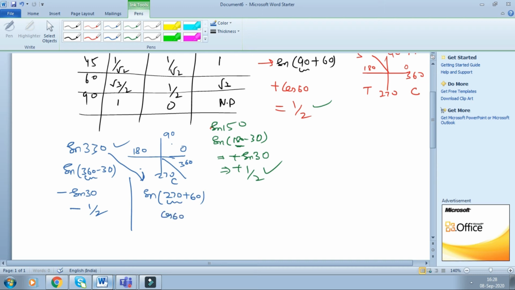It is again in the fourth quadrant, where cos is positive, but we have to see here sine. In the fourth quadrant, sine is negative, that is why it is negative, and the value of cos 60 is 1 by 2 again. So we will have the same answer. Either you do it this way or that way, you will get the same answer.